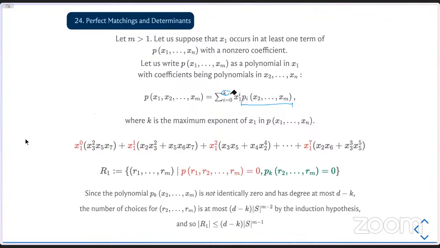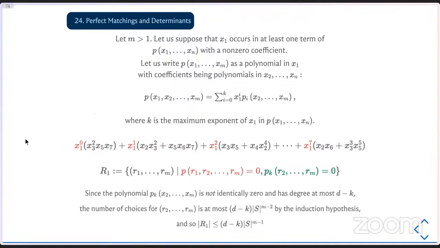Not all of them may work, because it's possible that you set R1 to something and the whole thing may not send p to 0. But this is just a worst case upper bound. Even if you extend your m minus 1 sized vector in all of these size of S different ways, and maybe all of them do send p to 0, this is just an upper bound.